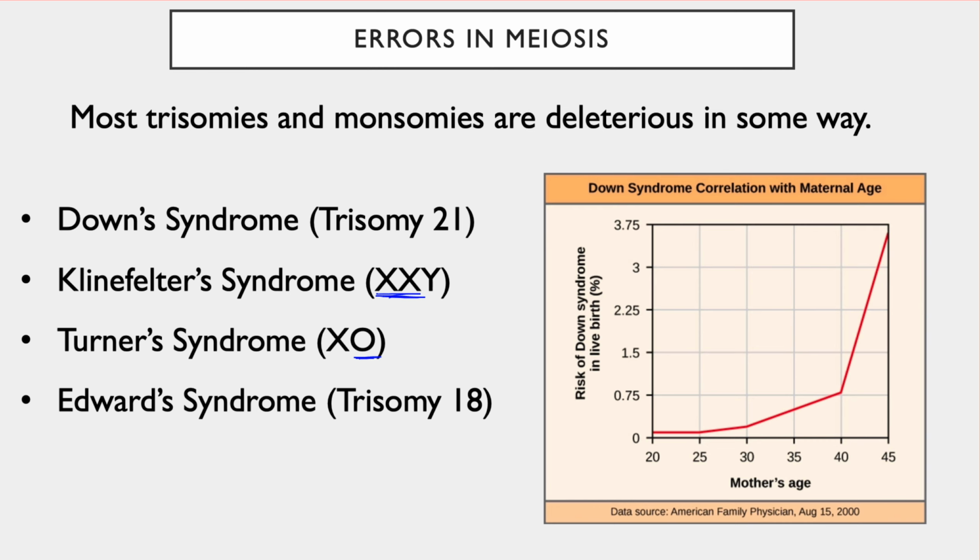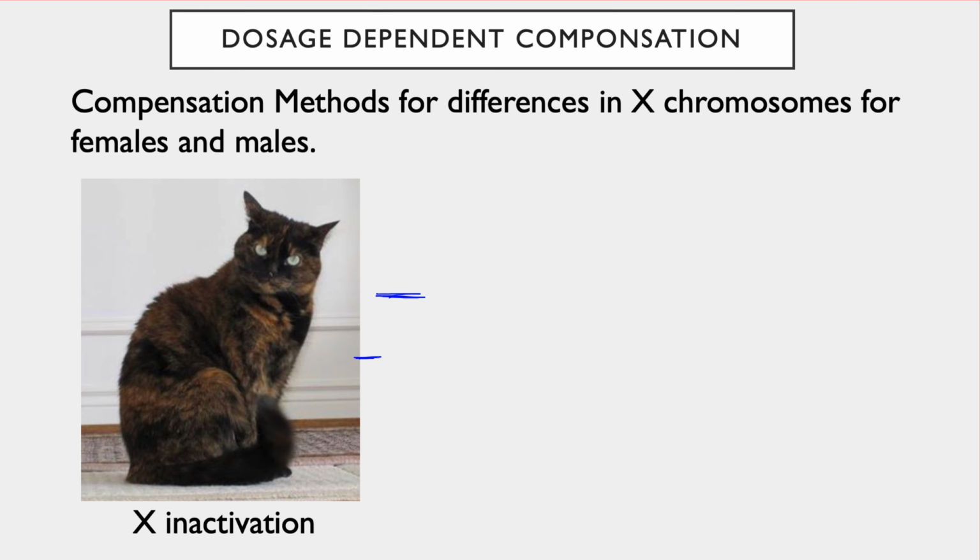Well, it turns out that a lot of things that go along with development of an organism during embryogenesis play a role with the sex chromosomes. And so we use dosage-dependent compensation for the presence of the X chromosome in females to combat that overdosage compared to a male.